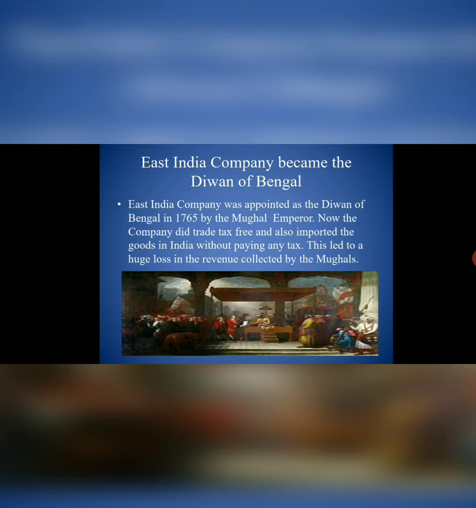Means the East India Company got the Diwan, so they were free and they had the financial resources of Bengal. So this led to a huge loss in the revenue collected by the Mughals. Shah Alam II was a Mughal emperor, as mentioned above.